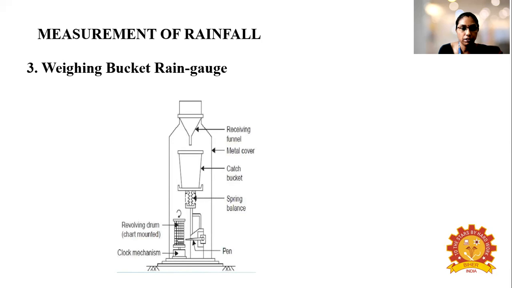Here also you have the receiving funnel which receives the rainfall, and below the funnel you have the bucket, and this bucket is placed on a spring balance, and the spring balance moves based on the weight of the bucket as the precipitation is collected. This spring balance arrangement is connected to the pen which in turn records the data on the revolving drum which has the record chart. This revolving drum is attached to the clock mechanism.